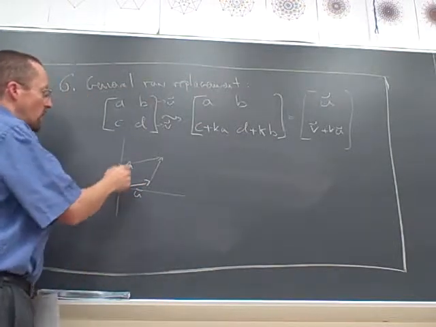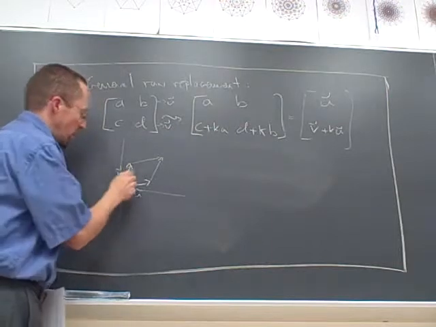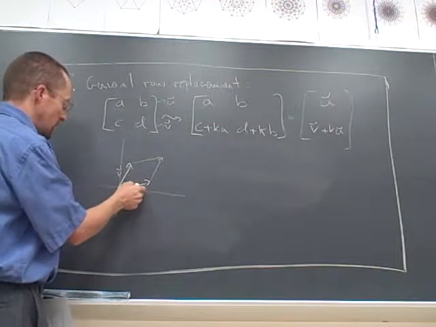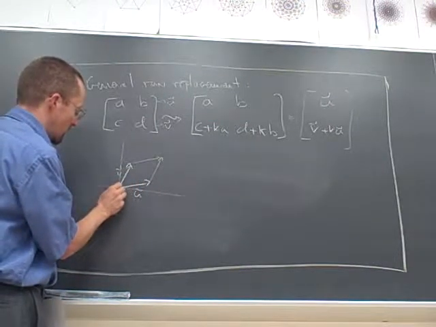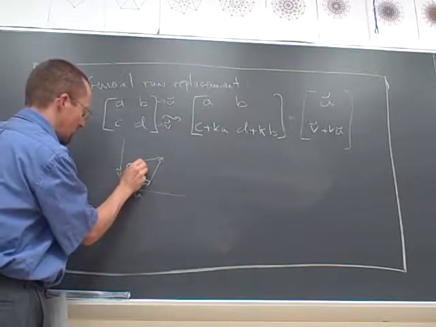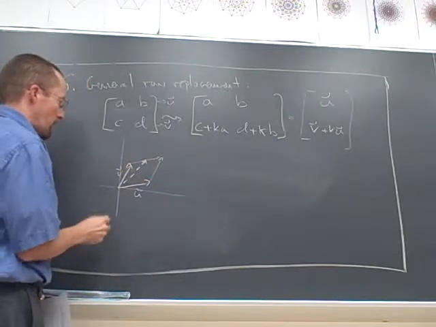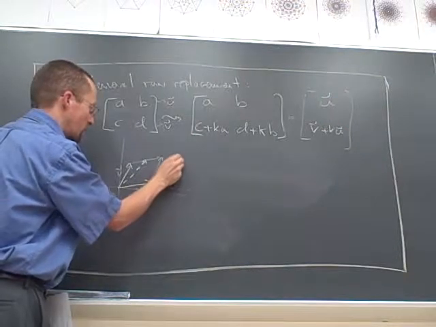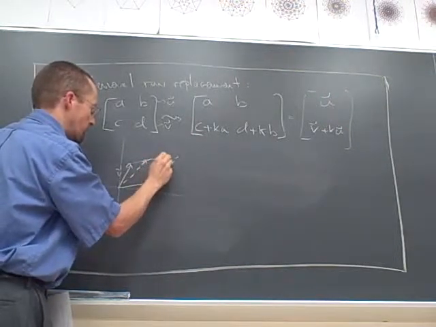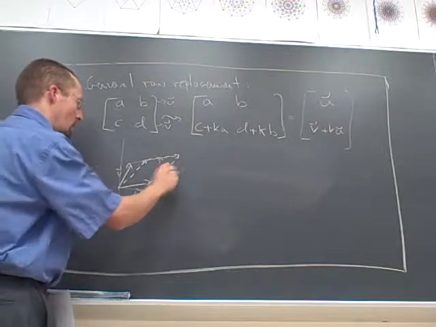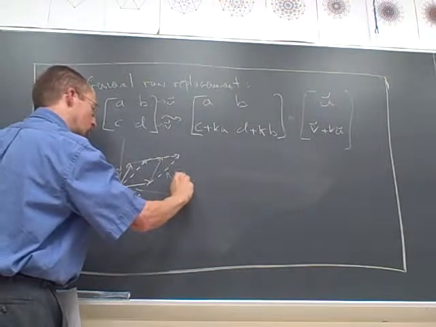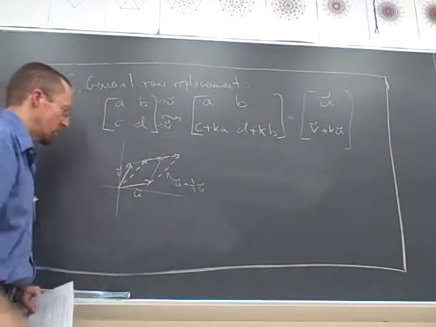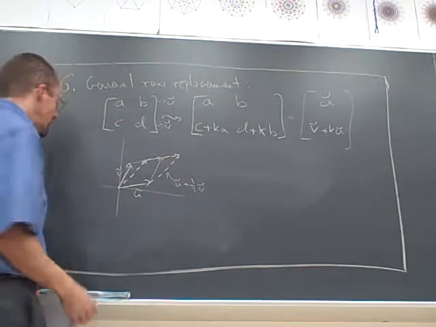Now I'm going to keep U the same, but to V I'm going to add a multiple of U. So let's add maybe half of U to V. I'll put it in thick dashes. That's going to put that right there, and then that's going to go off this direction. Here's U, and the half I just picked so that it wouldn't be completely off the picture or too small. So let's see what happens here.